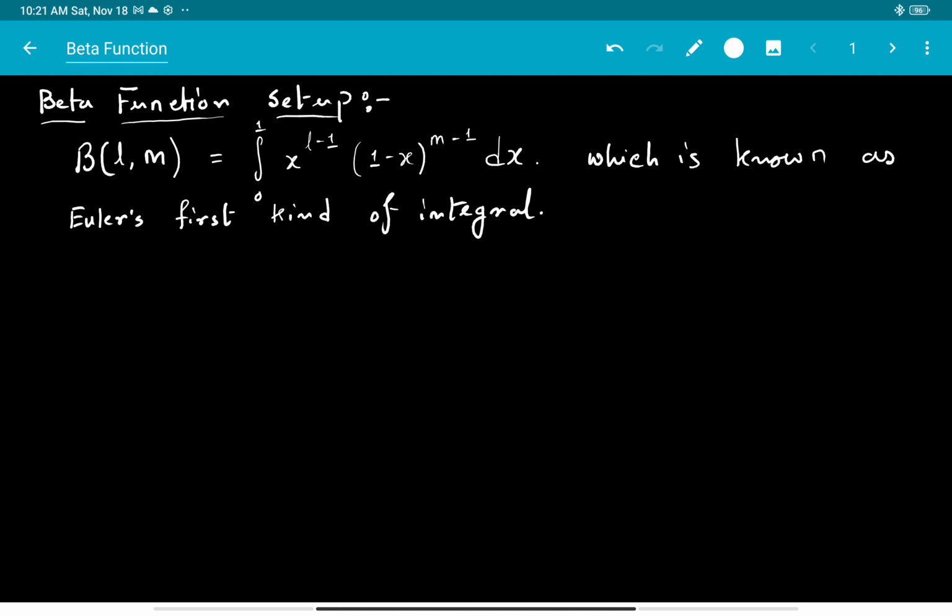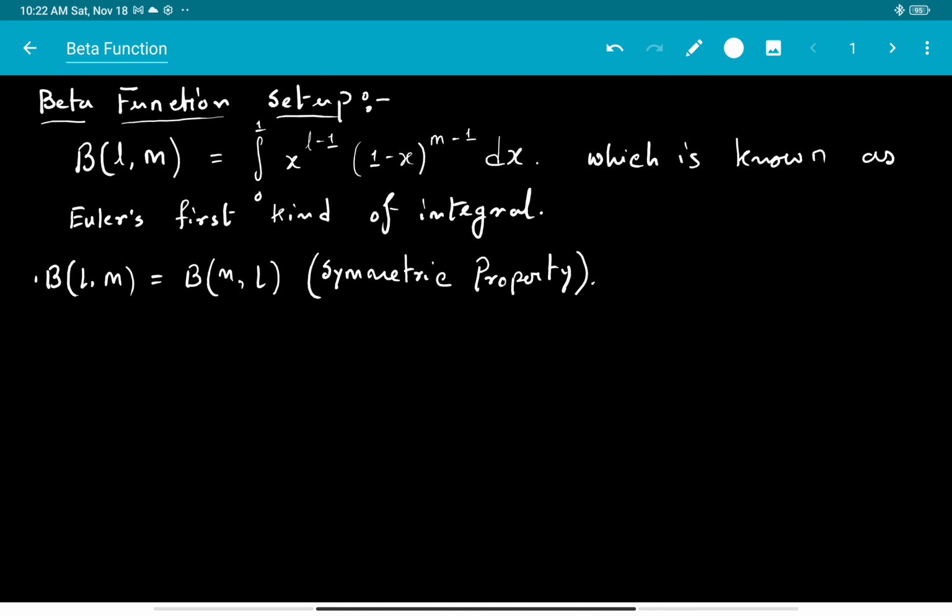Symmetric means if you say beta L comma m equals beta m comma L, this is called the symmetric property of beta functions.